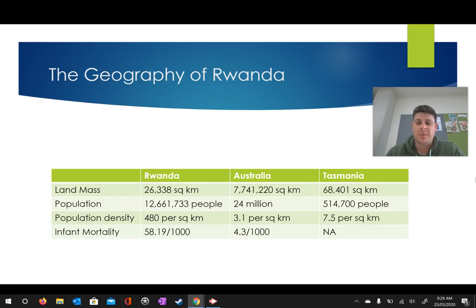So the density of population is incredibly high, 480 people per square kilometre, whereas Australia and Tasmania are only 3.1 and 7.5 respectively. The infant mortality is incredibly high as well. In Australia, it's only 4.3 per thousand people. That means 4.3 infants die per 1,000 people, whereas in Rwanda it is 58.19. So, an incredibly high population density on a small landmass with a high infant mortality rate.